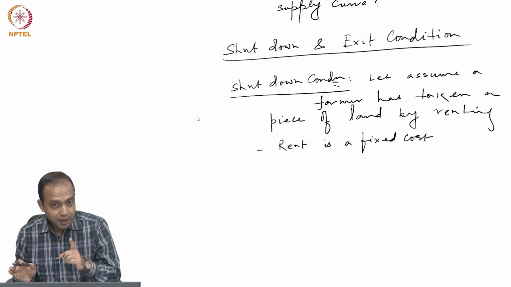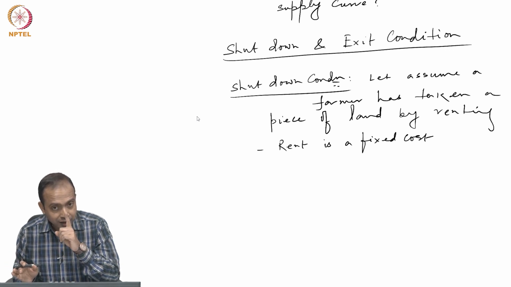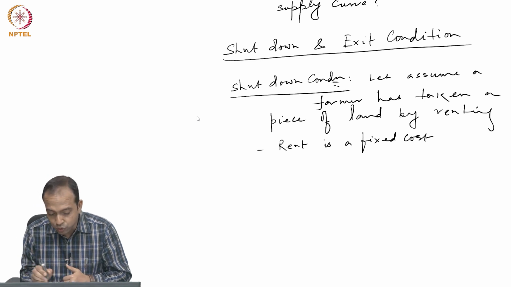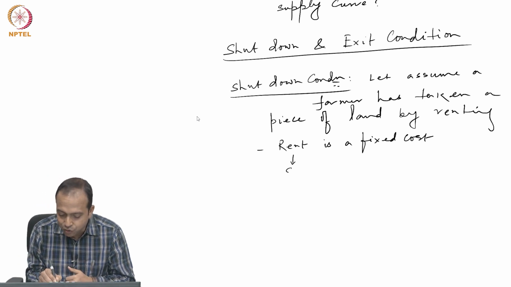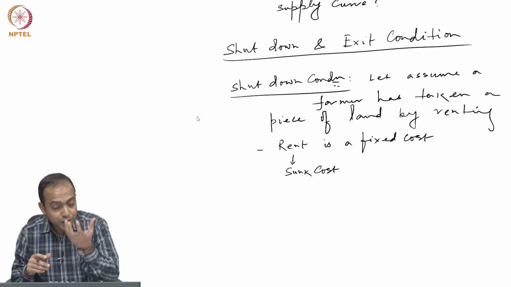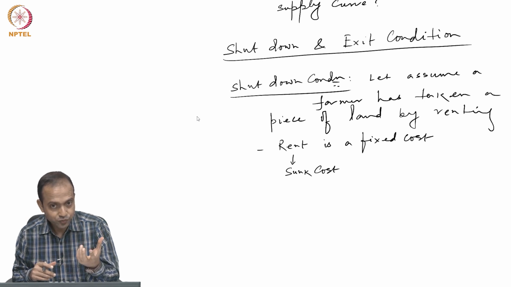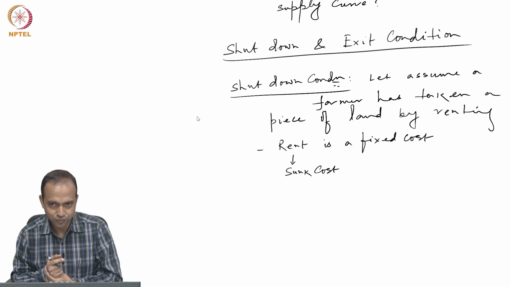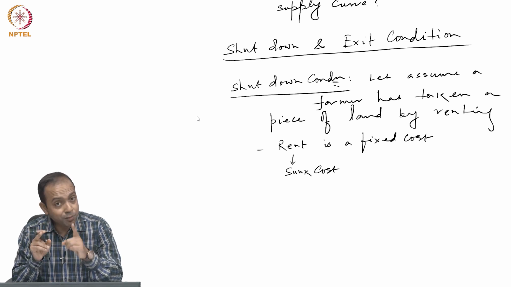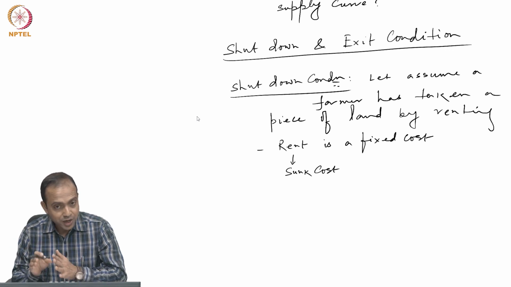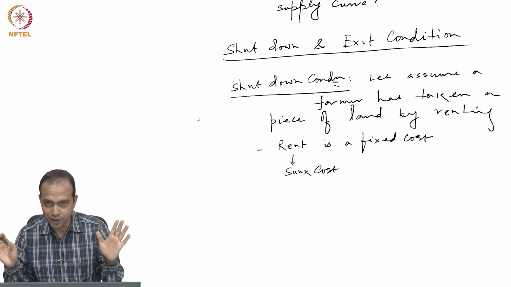That is why a rent which is fixed, at least in the short run, is also known as sunk cost. And that should not guide you to decide whether to produce or not to produce. Please remember, I am talking about only the short run situation. In the short run, you are not able to sell your land.